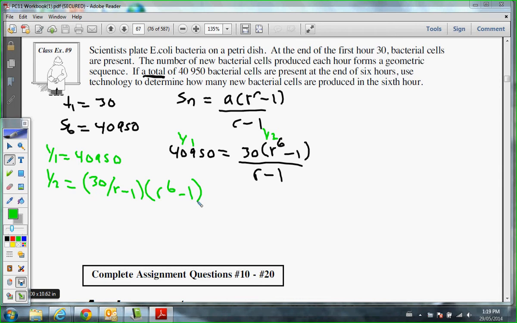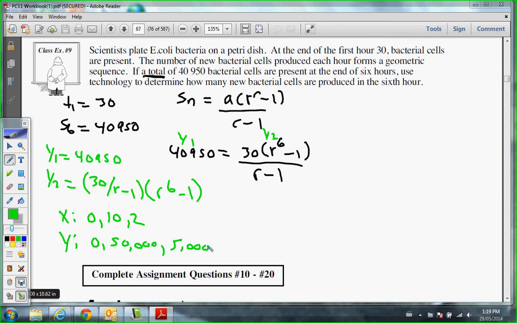Okay, and then your window that's suggested, your X, 0, 10, 2. Your Y, 0, 50,000, 5,000 for your scale. And use the intersect feature.